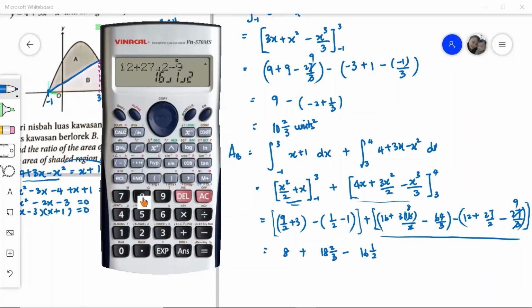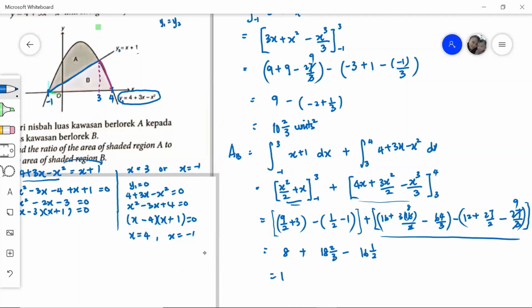We have 8 plus 18 and 2/3, and then minus 16 and a half, the last answer. So we have 10 and 1 over 6, 10 and 1 over 6 unit squared.